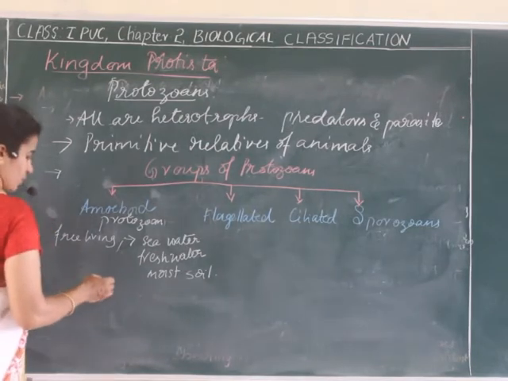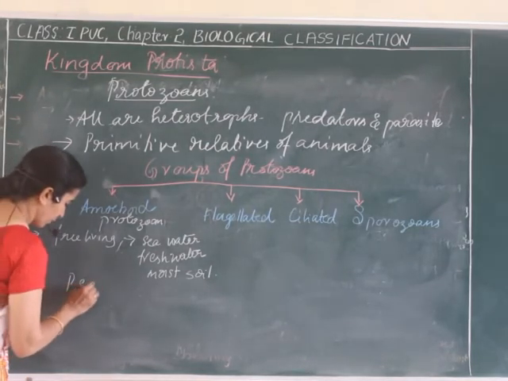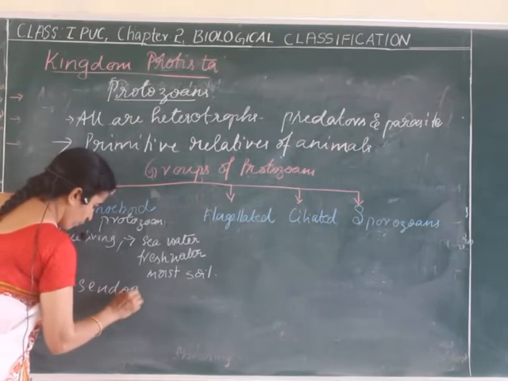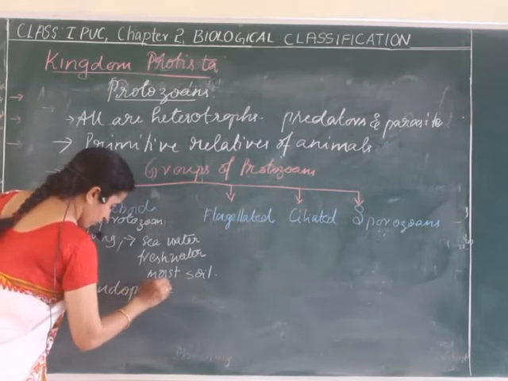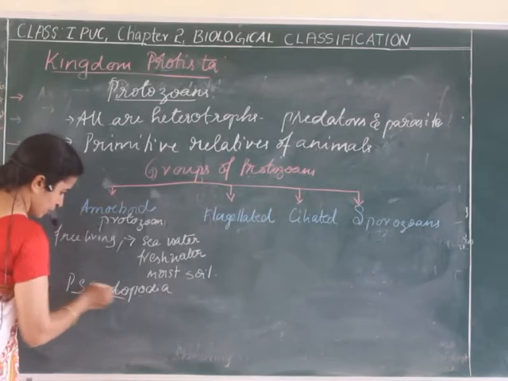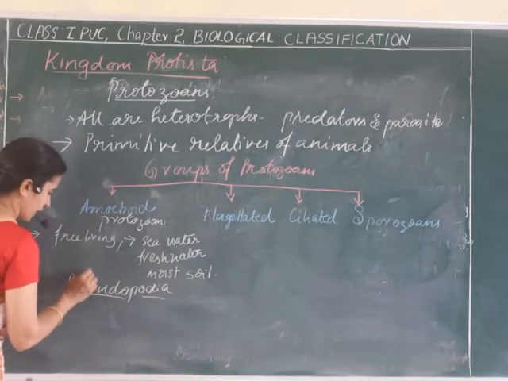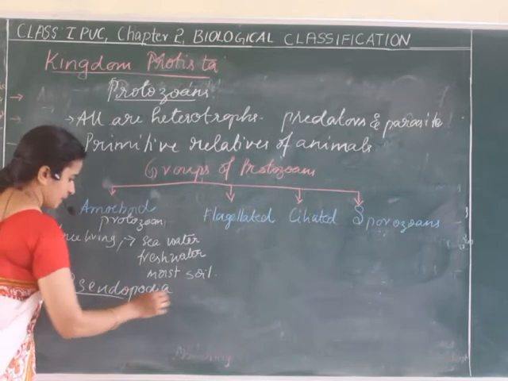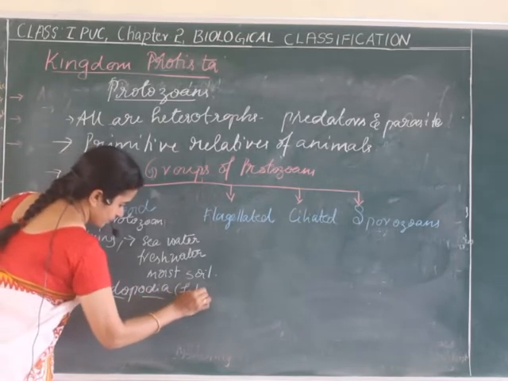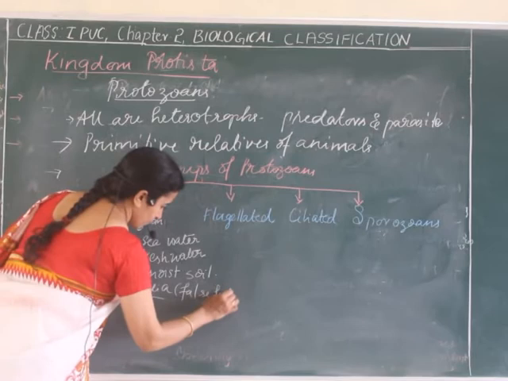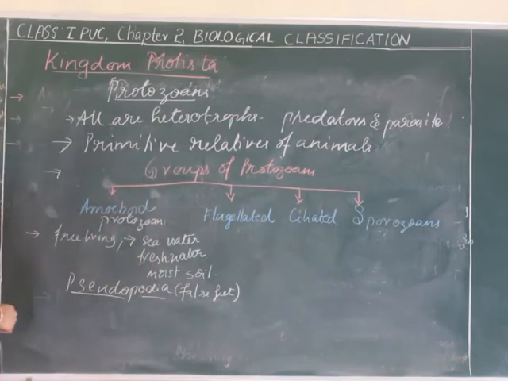So what are pseudopodia? They are false feet. Pseudo means false, and podia means legs. Got it? So it means false feet. With the help of pseudopodia, they can capture the prey.